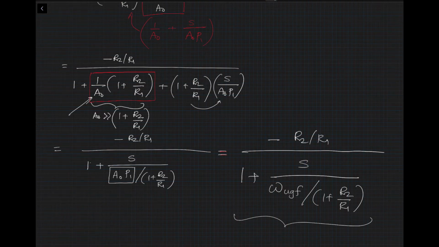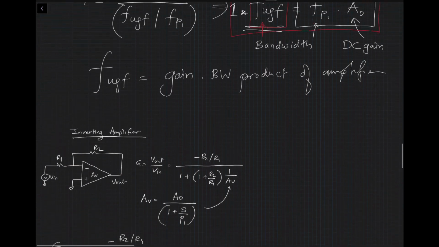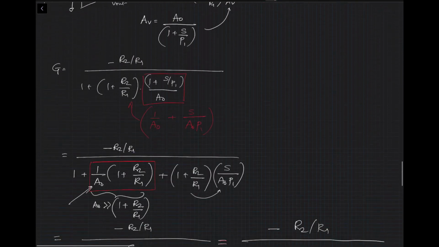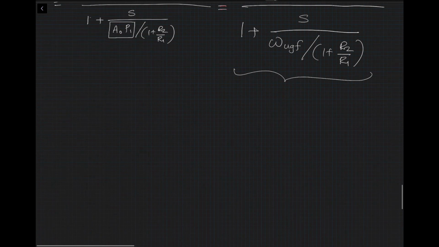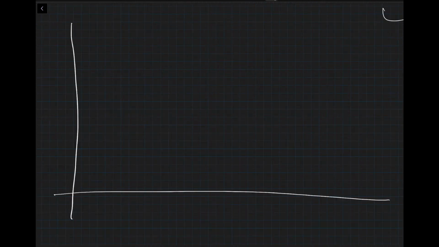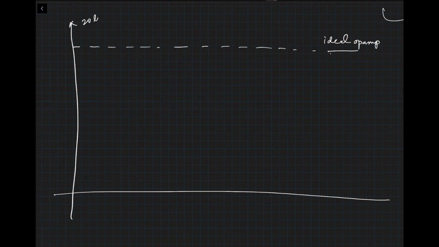This means that, let me redraw the characteristics one more time. If we had an ideal op-amp with gain of A0, then we expect this to be the frequency response, ideal op-amp. This is 20 log A, and this is your F log scale.